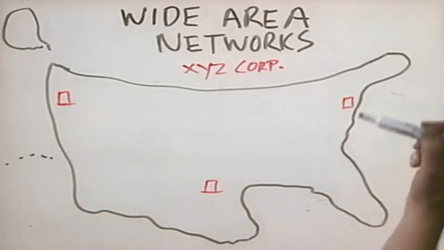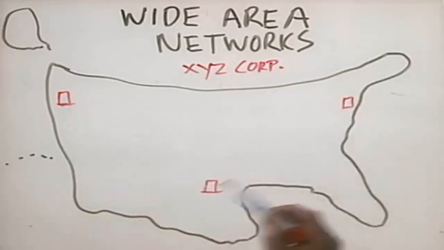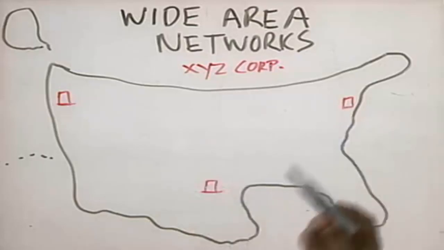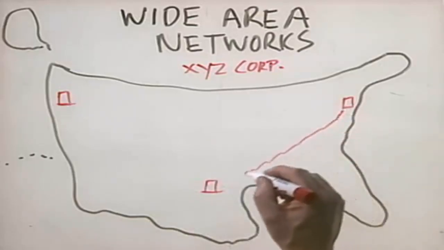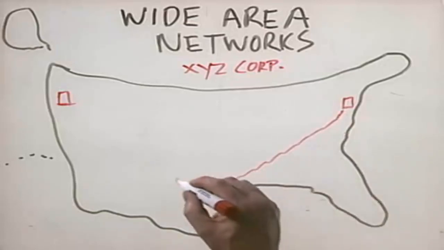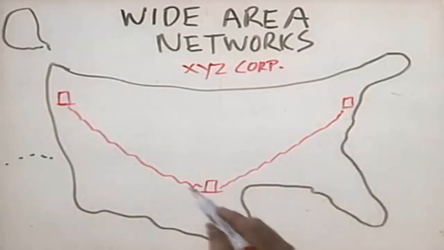Now, users in these different locations occasionally need to have access to information at these various different sites. To make that possible, we've connected them in some way so that these local area networks are internetworked together, making a very large internetwork, or a wide area network.